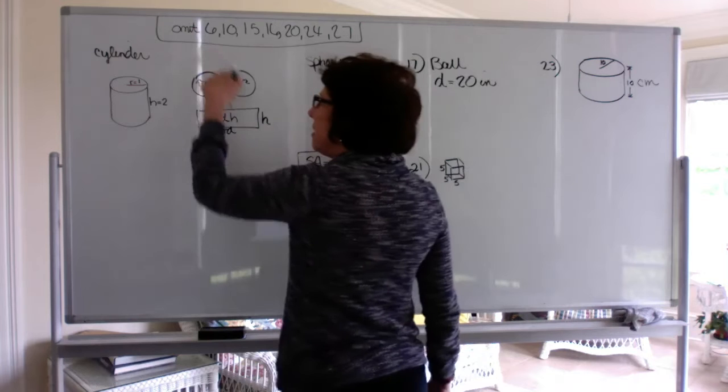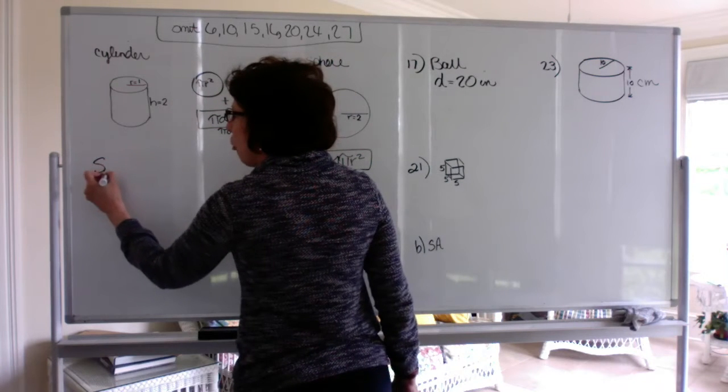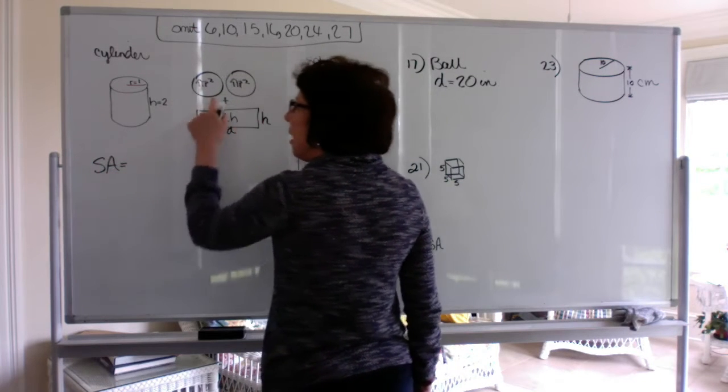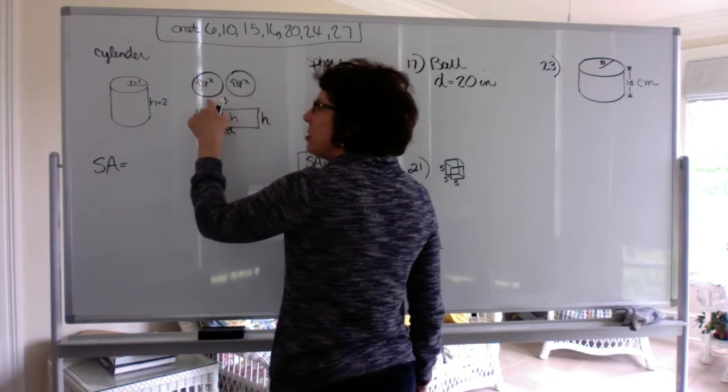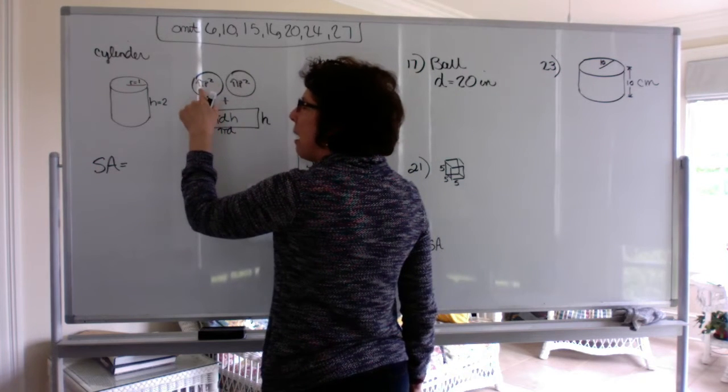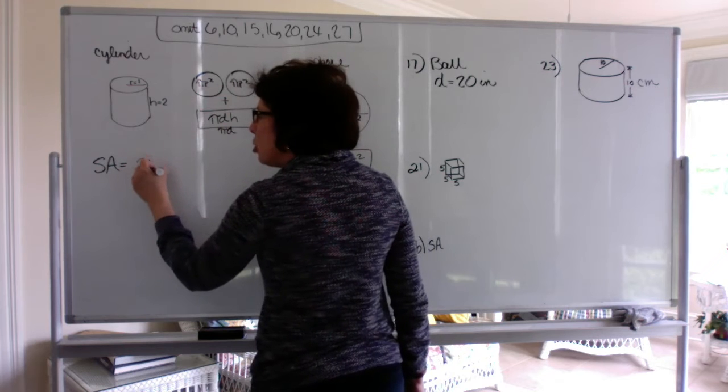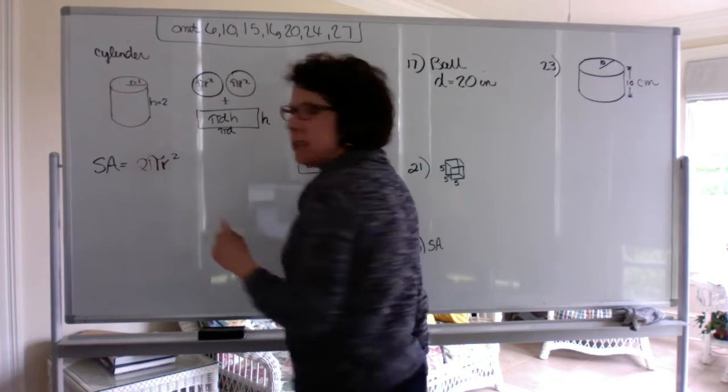Now, let's take this diagram and write our formula for the surface area of a cylinder. Well, if I have 2 circles, I add pi r squared and pi r squared, so I have 2 pi r squared, 2 areas of my circle.